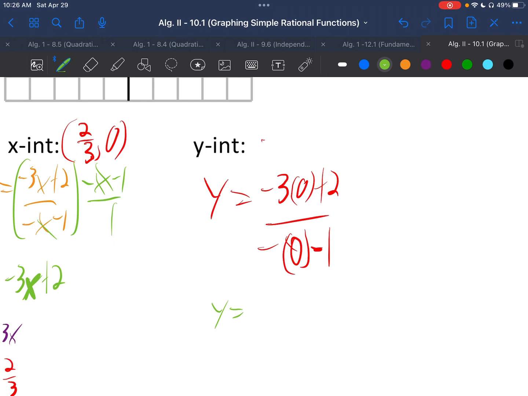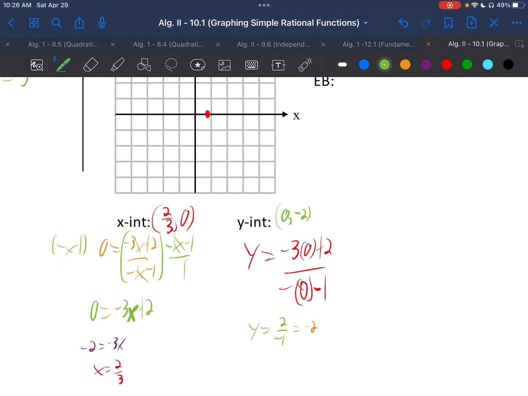So if you can notice, hey, this can be negative 2, great. If you need to go through the steps and do 0 plus 2 is 2, negative 0 minus 1 is negative 1, and then go from that and say, oh, it's negative 2, that's also fine. So we end up getting negative 2 as our y, and 0 was our x because we plugged it in. So we have (0, negative 2).